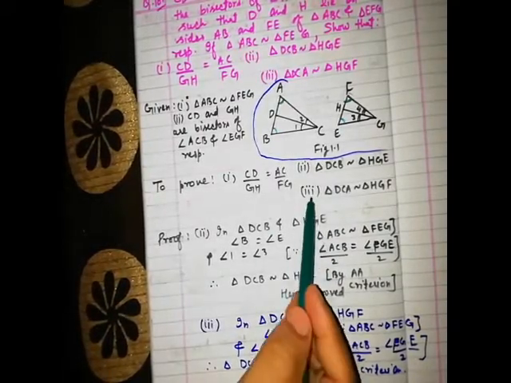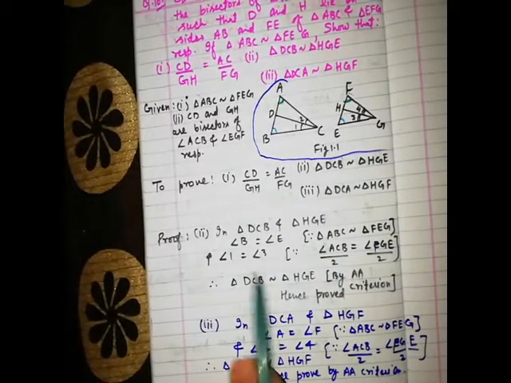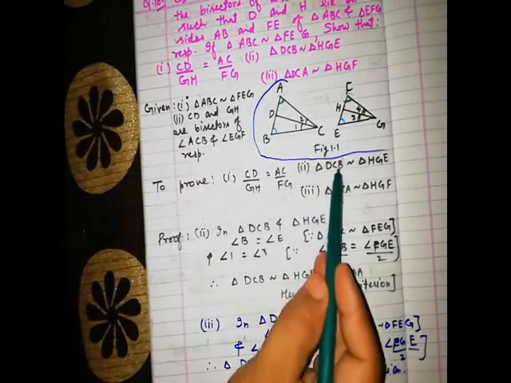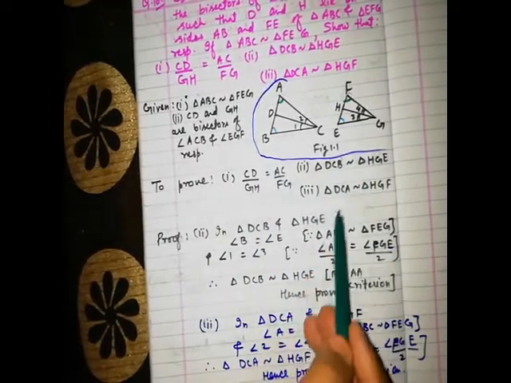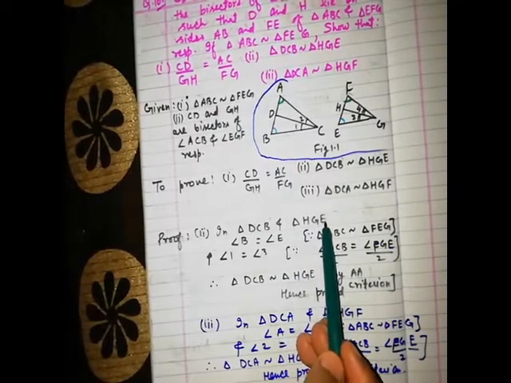So when we will be proving part third, part first will get automatically proved. So to prove part second we will be taking triangle DCB and triangle HGE. These triangles are to be proved similar.